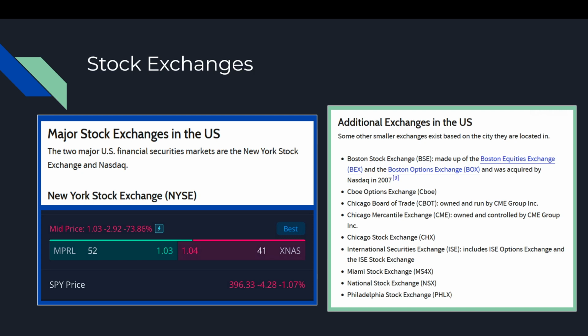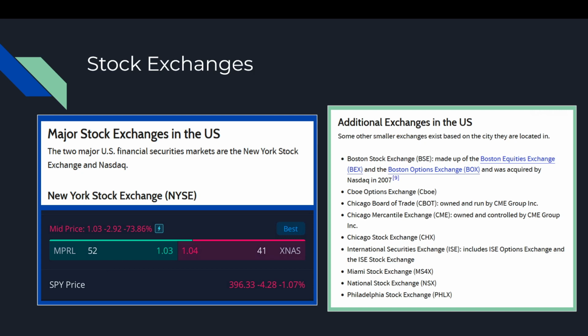So the stock exchanges, and a lot of people don't know this, there's not just one main stock exchange. There's, I believe, 18 or 19 in the US. They're adding more every couple of years. The two major ones are the New York Stock Exchange and the NASDAQ. And then on the right here, you have your additional stock exchanges like Boston, Chicago, Chicago Mercantile, Chicago Stock Exchange, Miami Stock Exchange, National Stock Exchange, Philadelphia Stock Exchange, so on.